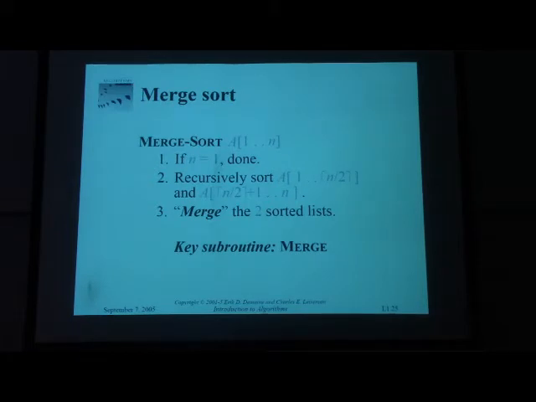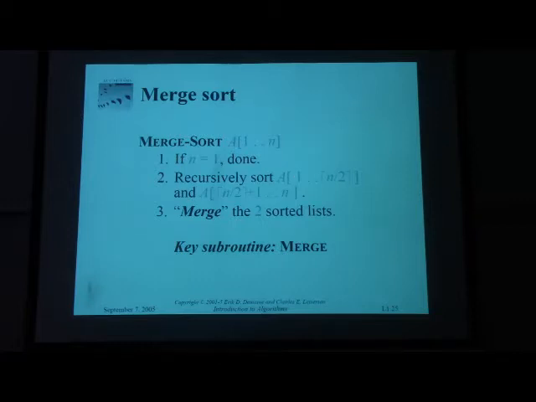But if the size you're sorting is not equal to 1, then we're going to go from 1 to n over 2 ceiling, which gives us someplace in the middle. For example, if n was 16, then this would be 16 over 2, 1 to 8, and this would be 9 to 16. It would just split it right in half. Then we'll recursively merge sort this one.